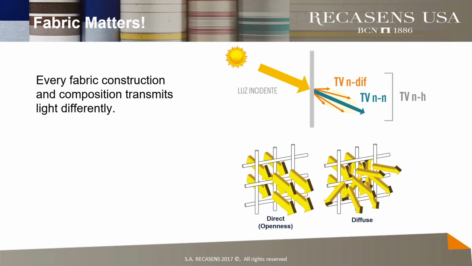It controls your thermal comfort, your visual comfort, how bright or dark it is in a room or a patio, and just contributes to the overall comfort of your living area. It also affects your visibility back through the fabric depending on the construction or weave of the fabric. So we're going to talk about some of those things today.